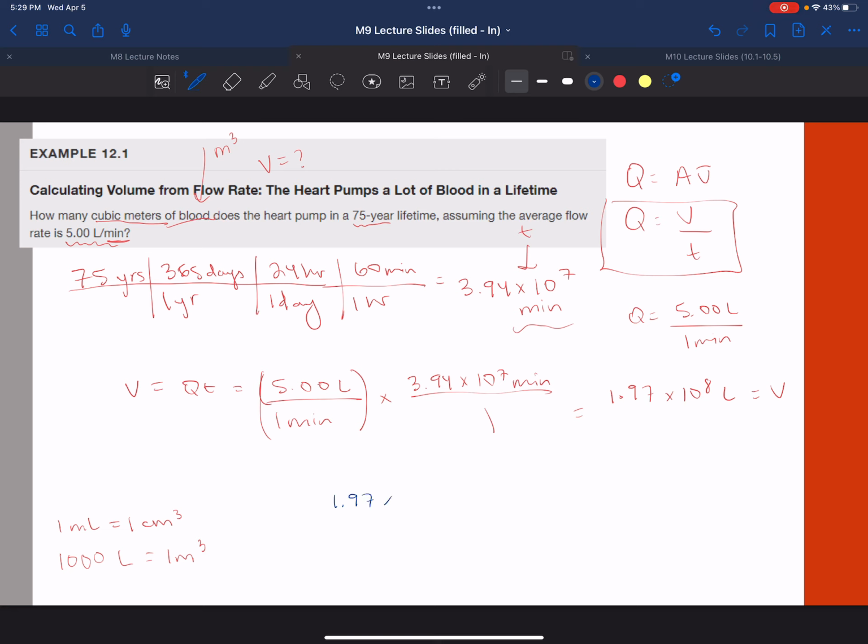So 1.97 times 10 to the 8th liters, I'm going to put 1,000 liters, 1 meter cubed equals. So we're just dividing by 1,000, and that would be 1.97 times 10 to the 5th meters cubed. So this is how much blood that a heart would pump in a 75-year lifetime, for an average heart.